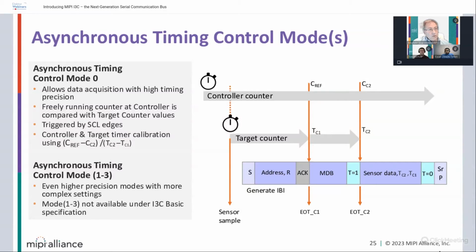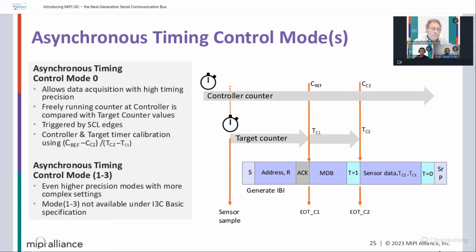On the acknowledge rising edge, you measure the time a first time, and then after the MDB, you do a second measurement, and then you send the sensor data. By doing the calculation that you see on the 4th bullet point, the controller can know at a very precise timing when the sensor sample was acquired.